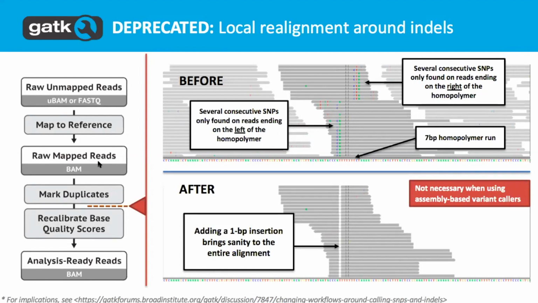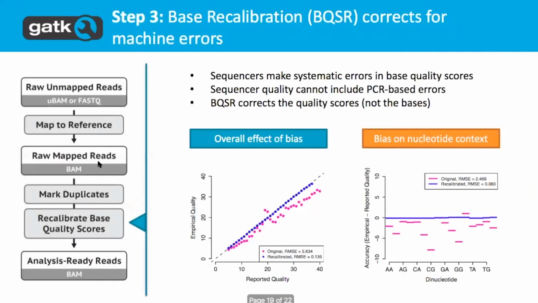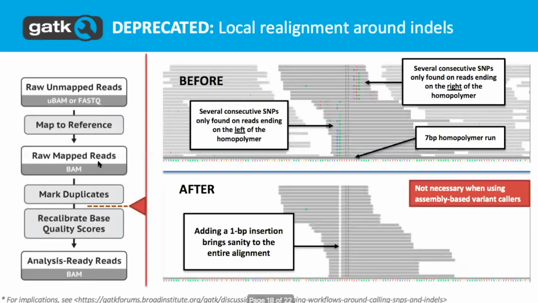Back in the day, we had a tool to do local realignment around complex regions of the genome, for example repetitive regions, as shown in this example here. It would call all of these variants, but if you do realignment, it sees that there's actually one insertion here, which cleans out all of these reads and removes these extra SNPs that I was originally calling.